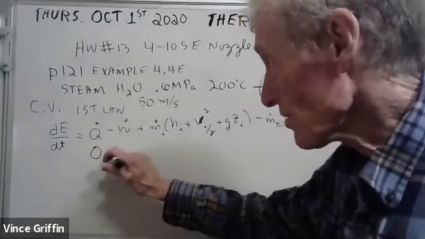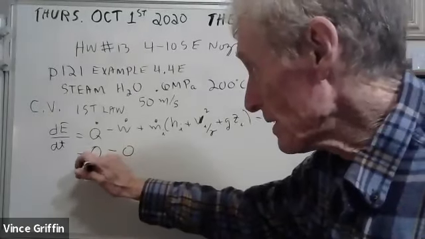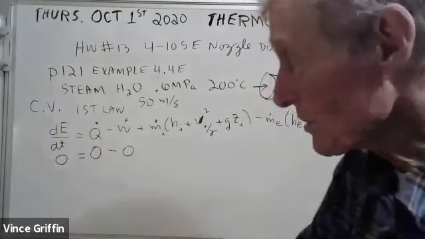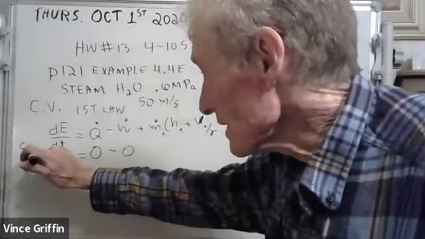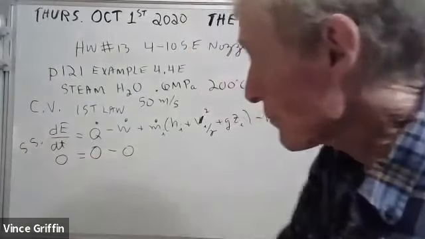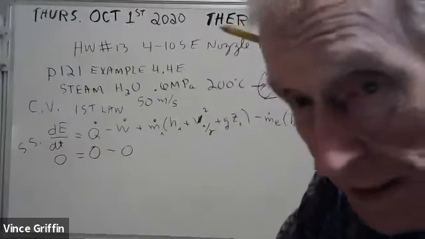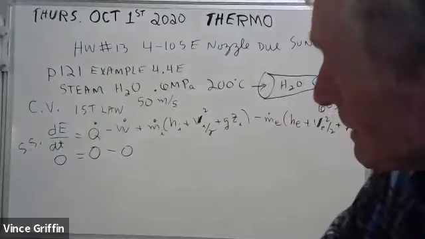All three of these terms are zero. This nozzle is what they call steady state. In fact, this is the steady state version of the first law. SS stands for steady state.